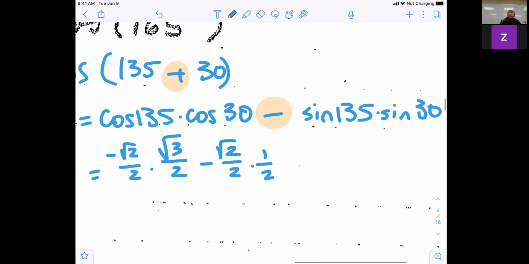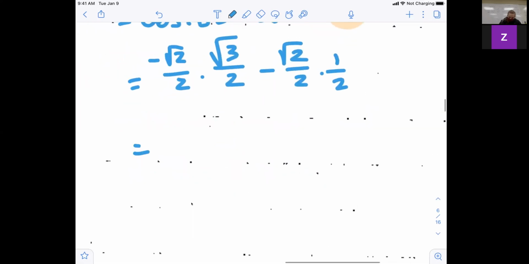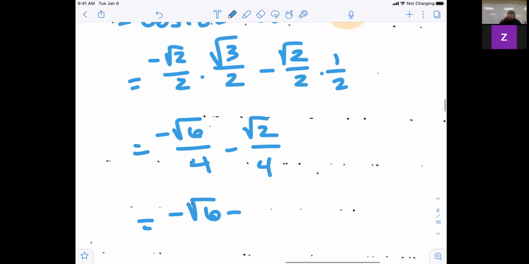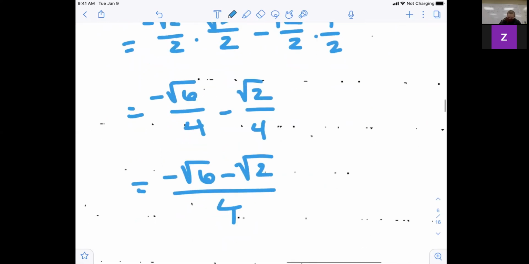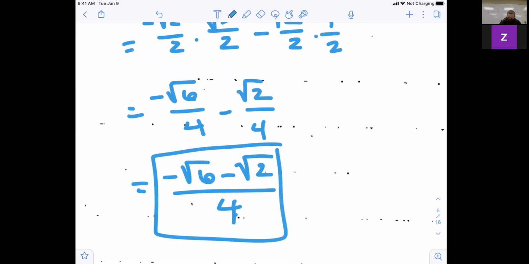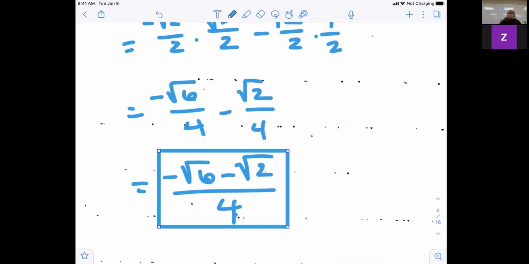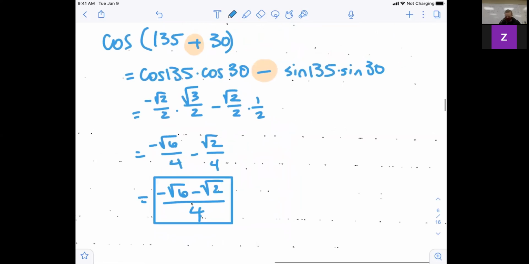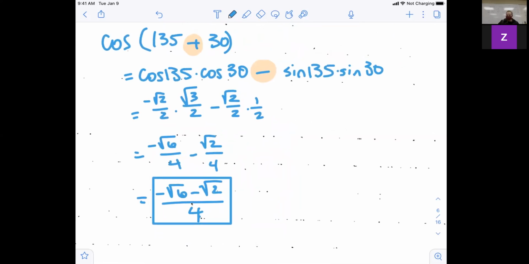Now multiply and then combine into one fraction. That becomes negative root 6 over 4 minus root 2 over 4, which is negative root 6 minus root 2, all over 4. All right, if you're done with that one, go try the tangent one.